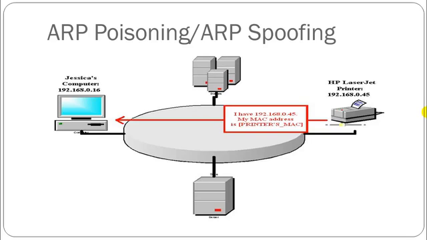Then there is the reverse request, RARP. It is the same concept as the ARP request, but over here computer A, that is Jessica's computer, asks who has this MAC address after they have the IP address, and then the HP LaserJet printer replies that it has the MAC address.